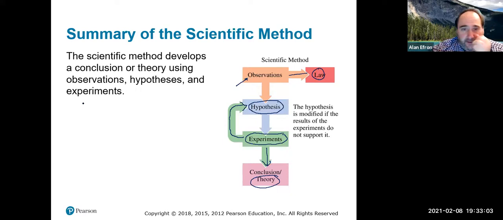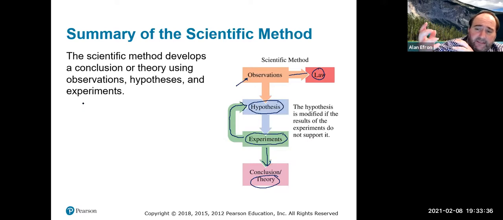Now, a law, on the other hand, is something that no matter what happens, it always ends up the same way. So the law of conservation of mass is something that no matter what happens, will always happen the same way. We'll never lose mass. We don't lose anything along the way. Conservation of energy as well. We don't lose energy. It can be transformed from one spot to the next, but we always have a balance in terms of energy.